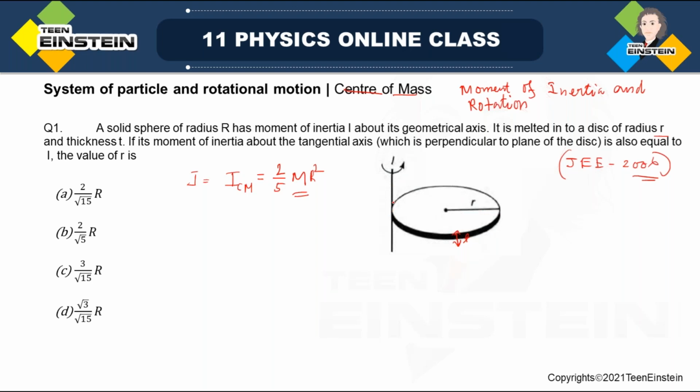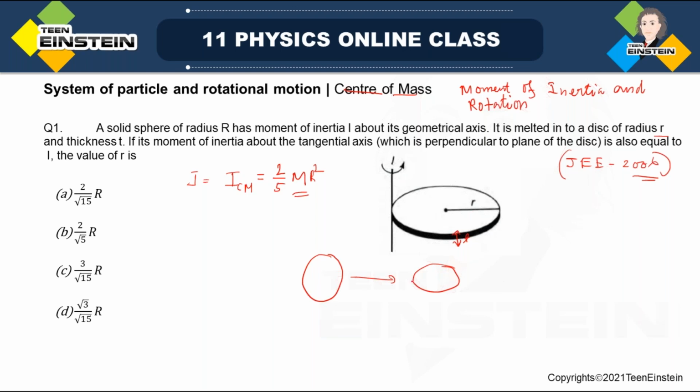Tangent can be of two types. One tangent can be like this, in the plane, and this is a tangent in the perpendicular direction of the plane of this disk. So a tangent can be drawn in two ways, parallel to the plane and perpendicular to the plane. Here this tangent is perpendicular to the plane. Okay, so what is happening here? A solid sphere was there, then it is melted to a disk.